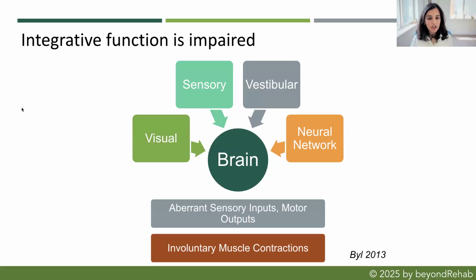This is important because it helps us understand what to look for and how to assess the sensory, visual, and vestibular network changes, and look into the processing and the motor output, which is one of the ways dystonia is manifested: excessive movements in one direction.